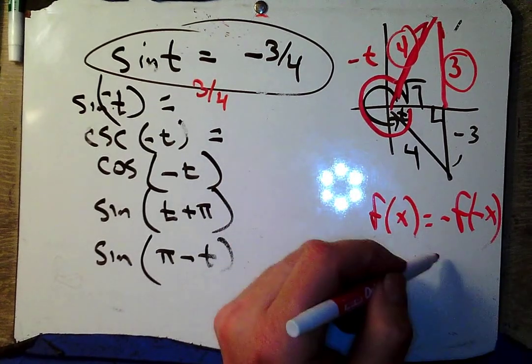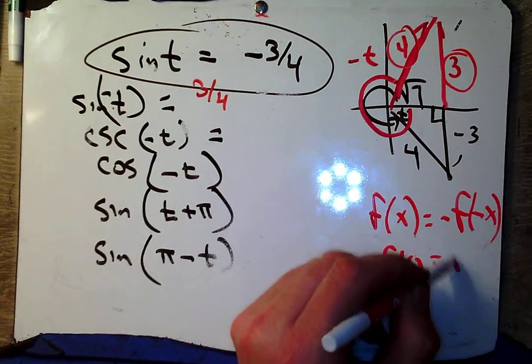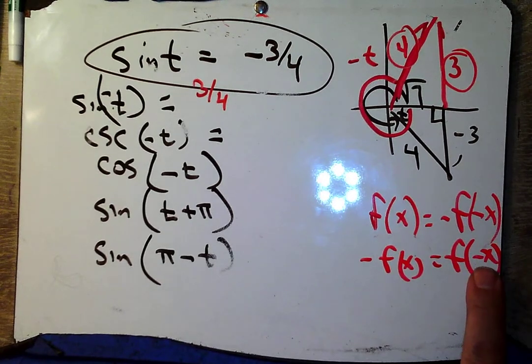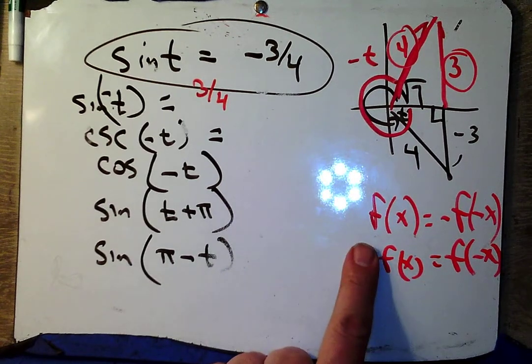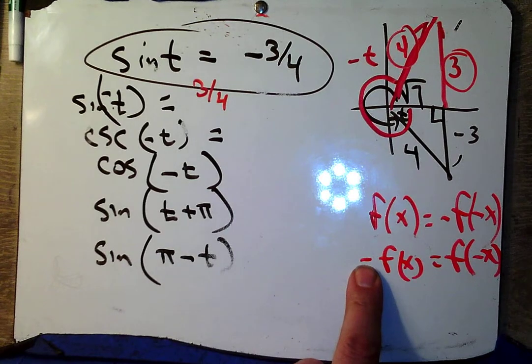Sometimes this is written this way, where they move the negative here, and we say that's f of negative x. So what we're saying here is if we plug in that negative number into the function, we get the same value as the original function, but change the sign.